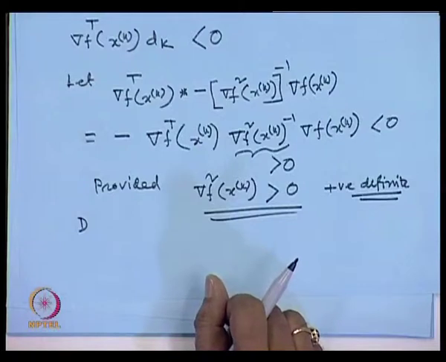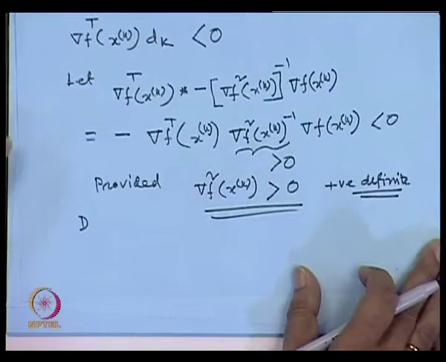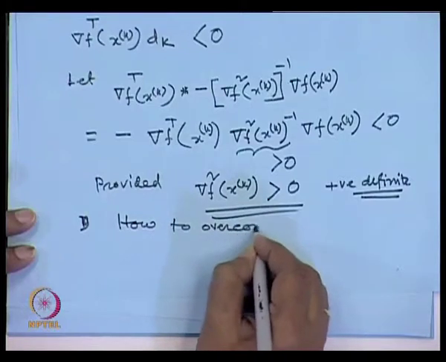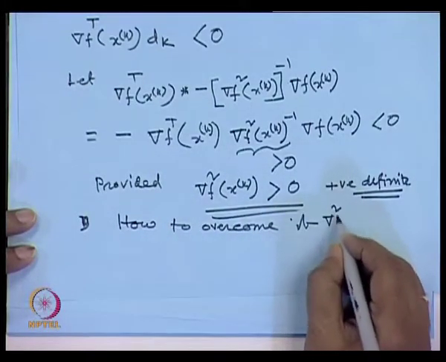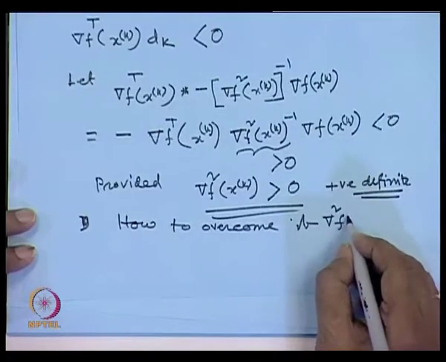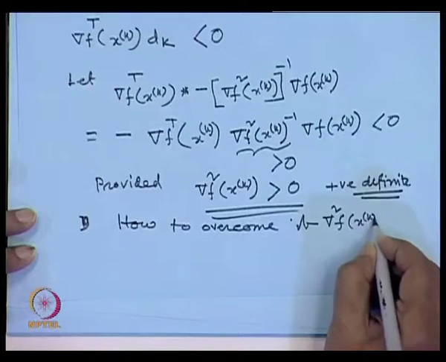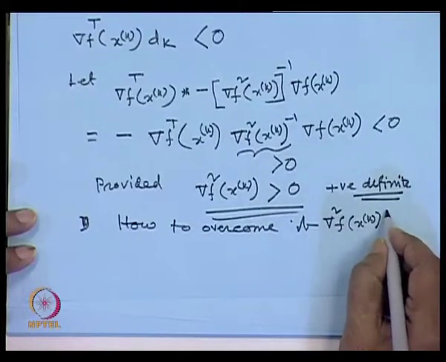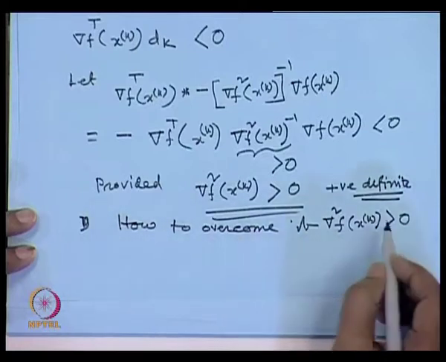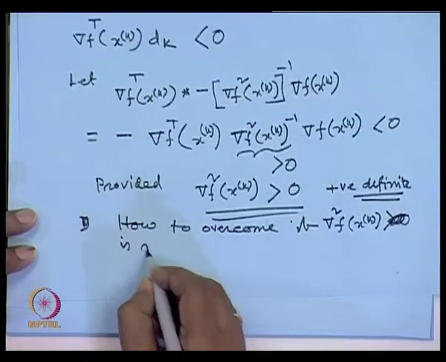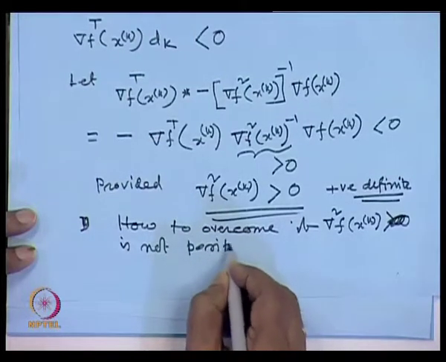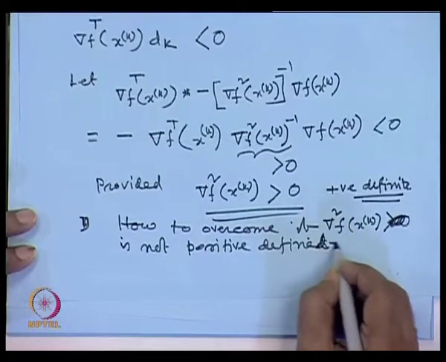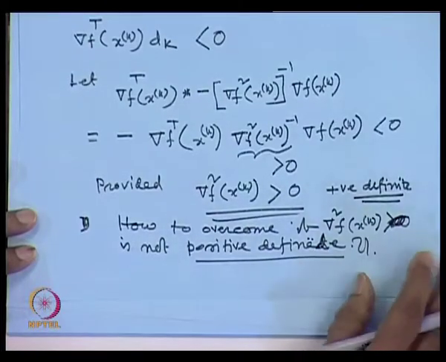So next, how to overcome this if the Hessian matrix of the function, whose inversion we need, is not positive definite? How to overcome this?